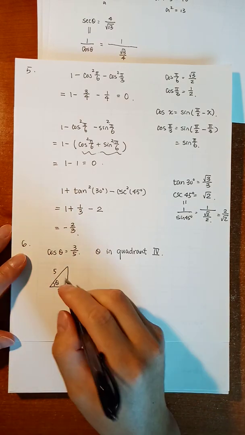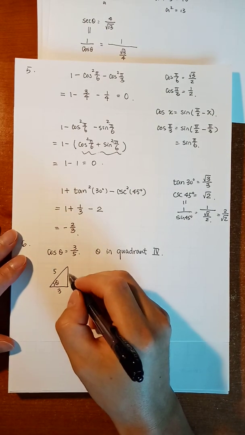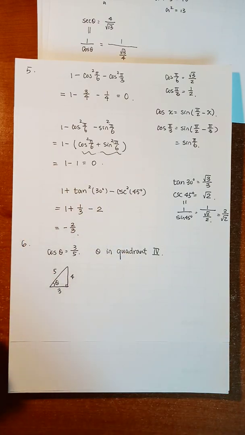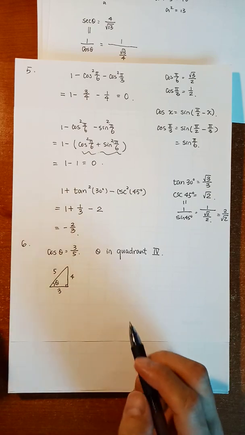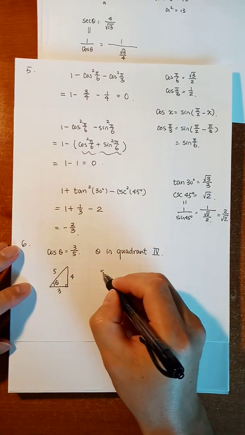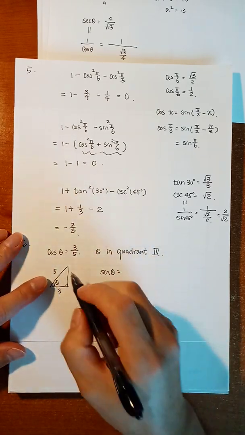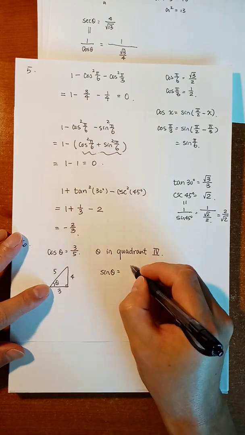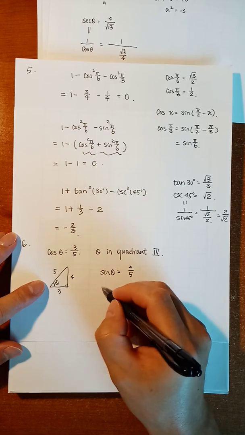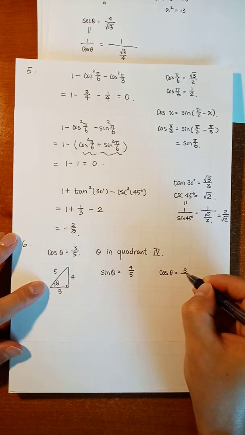Remember, you put this theta in the right triangle, and by the Pythagorean theorem, sides 3, 4, 5 always form a right triangle. And then from here you will see that sine theta is opposite over hypotenuse. Be careful, it's not the final answer, I just give you the idea. Cosine is already given, 3 over 5.